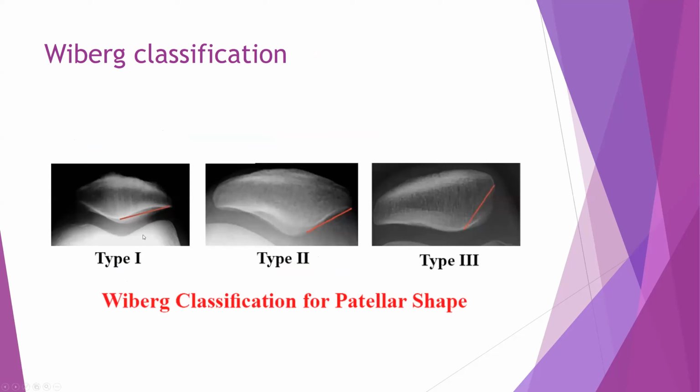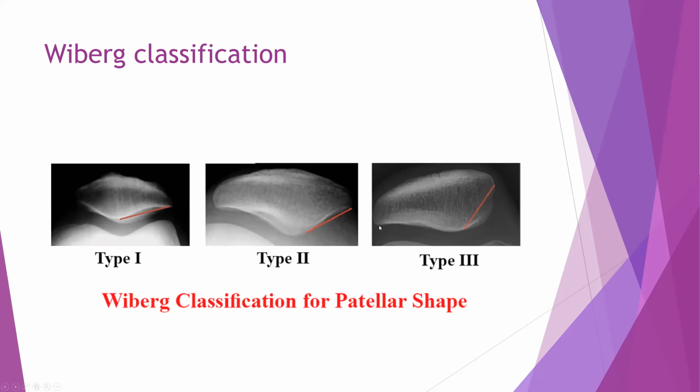Wiberg's classification, type 1. Here we see that the lateral and medial facets of the patella are equal. In type 2, we see that the lateral facet is larger than the medial one.